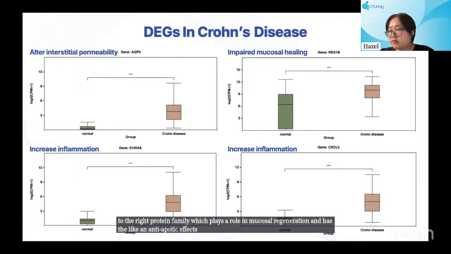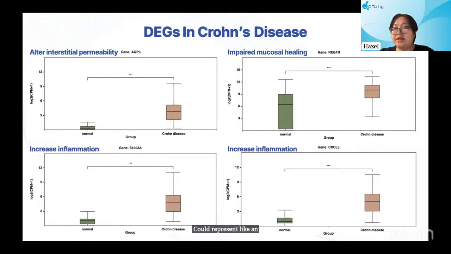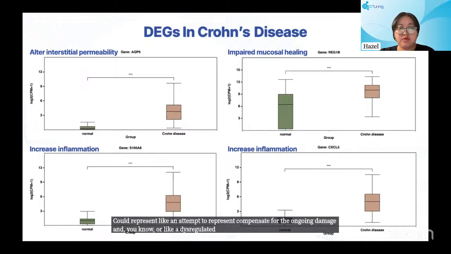So this upregulated REG1B might seem counterintuitive, as impaired mucosal healing is a characteristic of Crohn's disease. However, the increased expression could represent an attempt to compensate for the ongoing damage, or a dysregulated response to inflammation. So the upregulation of this gene in Crohn's disease is very noticeable.